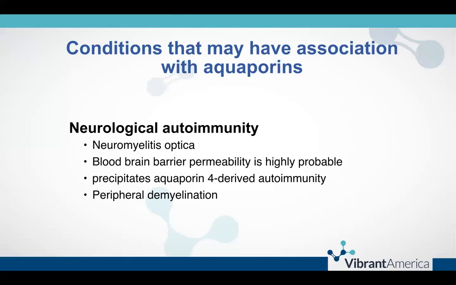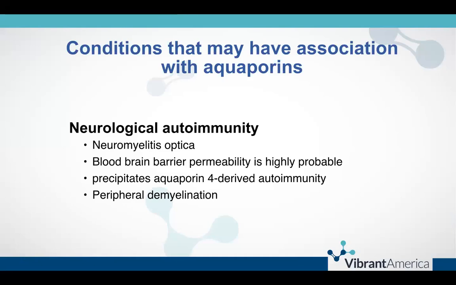So typically the conditions that have association with aquaporins are going to be limited to neurological autoimmunity. That's where the main body of research has focused so far. Specifically, neuromyelitis optica. This is what's been the most well studied as far as this aquaporin 4 connection.